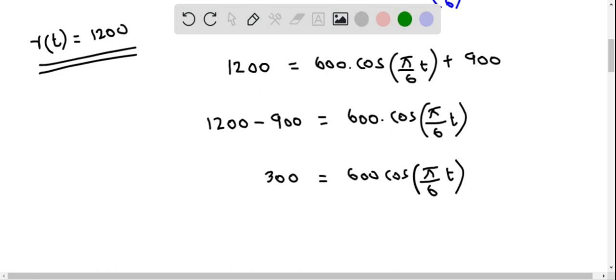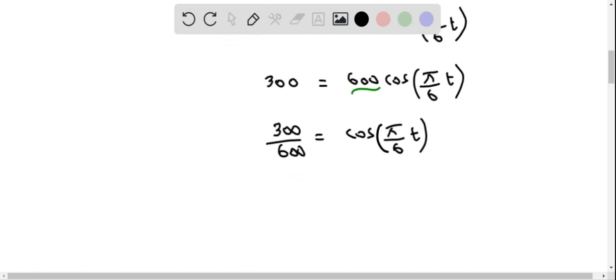Now I divide both sides by 600. So here I get 300 over 600, and this equals cosine pi by 6t. So 300 by 600 is equivalent to half. So we get half equals cosine pi by 6t.